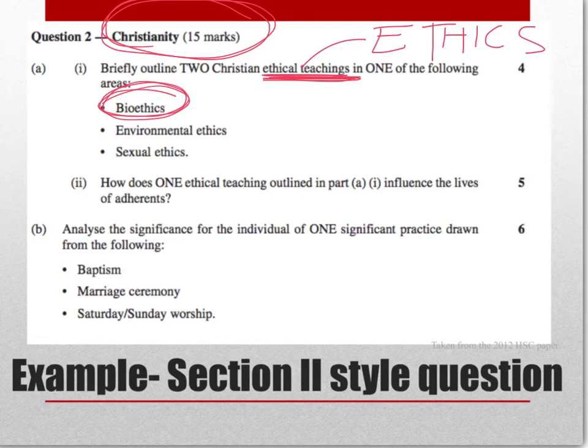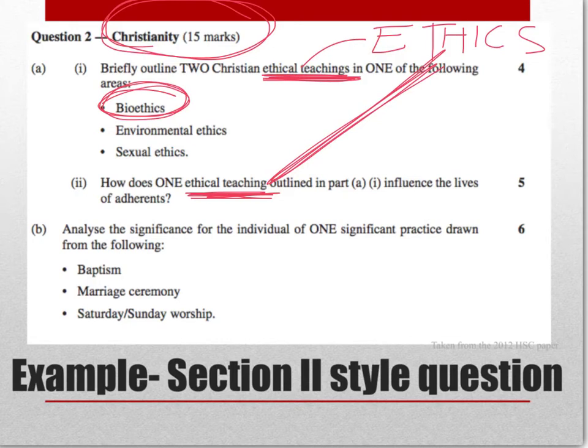Now, it's a connecting question, and again, hits ethical teachings for this reason. So again, we hit the ethics syllabus dot point. All right. Question A1 and 2 usually are connecting questions and often focus on the same content area and syllabus dot point. Not in all cases though.